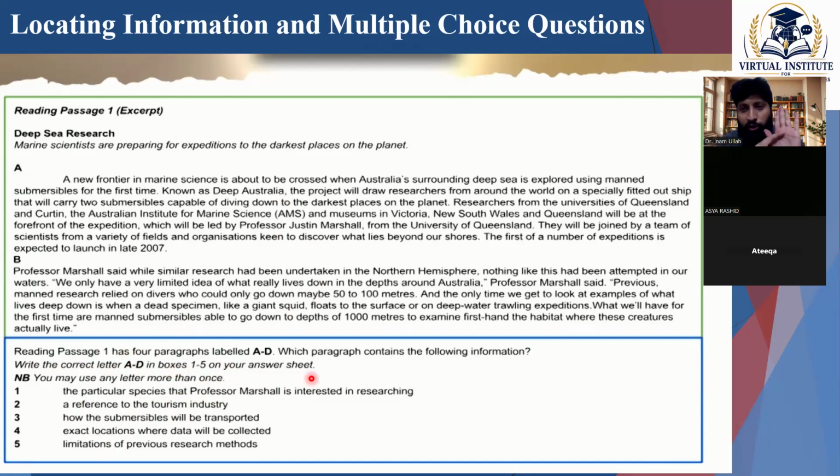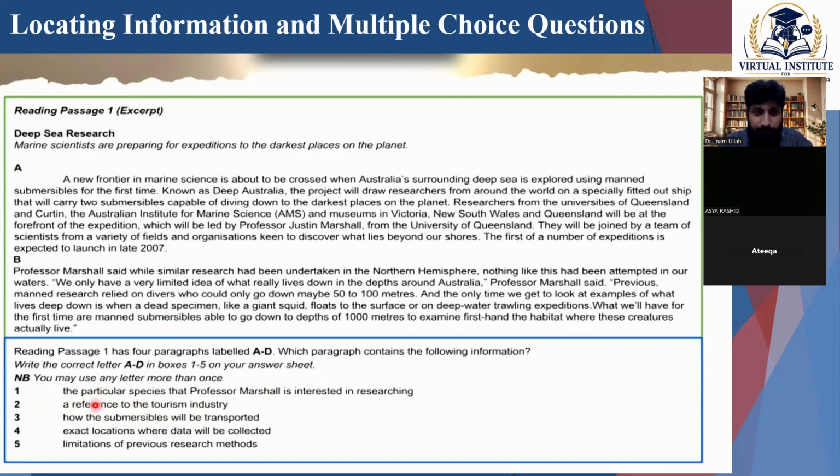So on your answer sheet, for example, with question number one, you have, let's say, option B. The information in question one lies in paragraph B. Question number two, for example, this information lies in paragraph D, so you have to write D. So this is how you have to answer these questions.